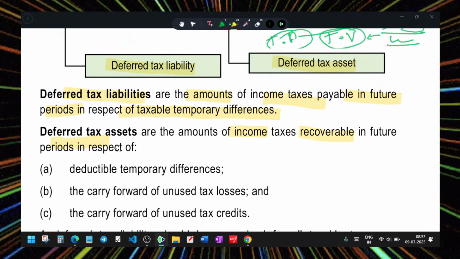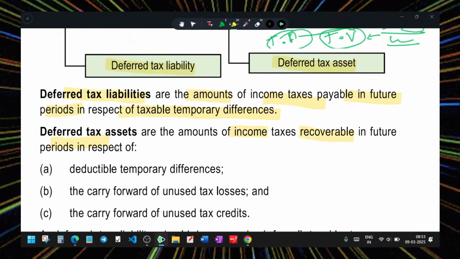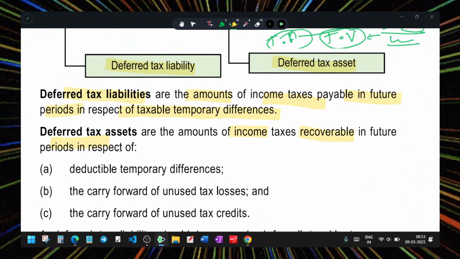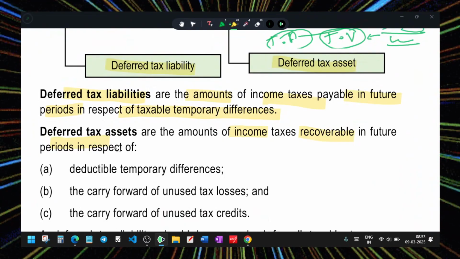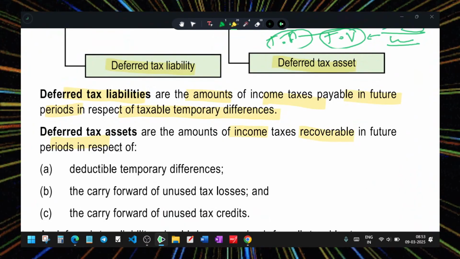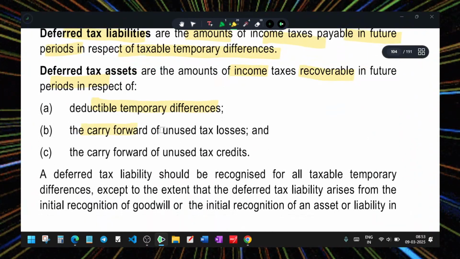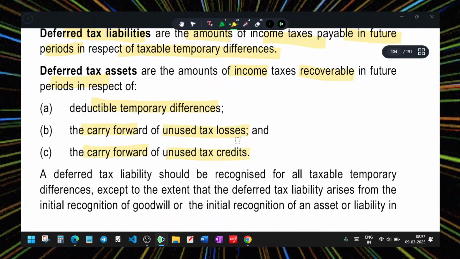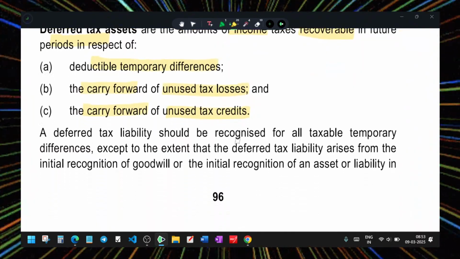As per my income tax, the tax is 1 lakh, but due to my deferred tax liability, I need to pay 1.2 lakhs. But with an asset in my books, I don't need to pay 1 lakh, I can pay only 90,000. Also deductible temporary differences, carry forward of unused tax losses and unused tax credits, these are assets.